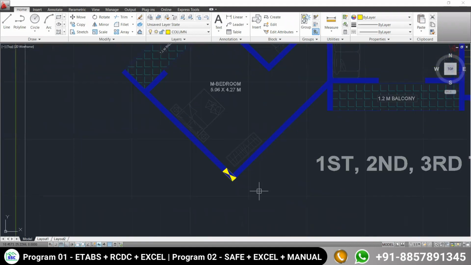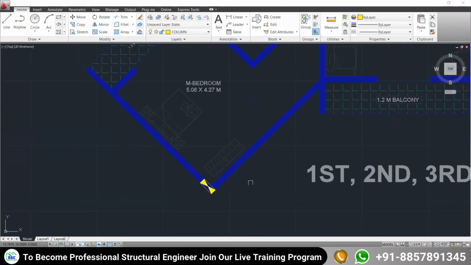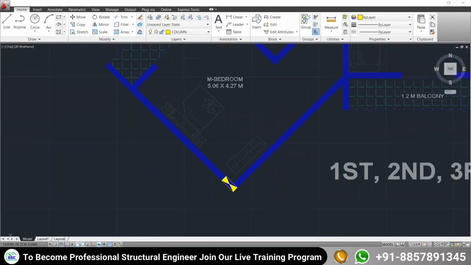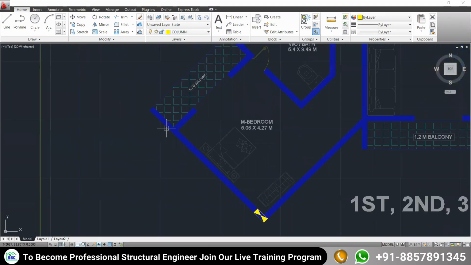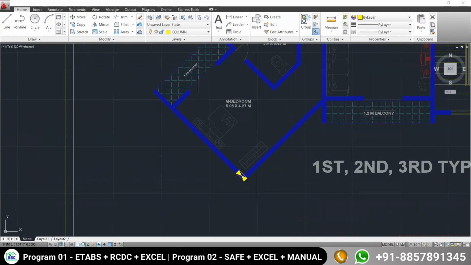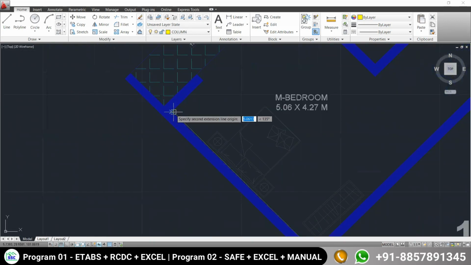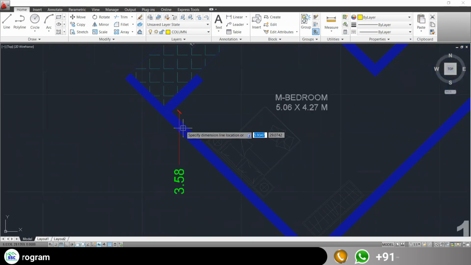Then, okay, at the same time, let's try to understand the orientation. So this is the span. You need to see the maximum span in which direction. So this is the one span. Let me show you. This is what from this point up to this point. How much is it?